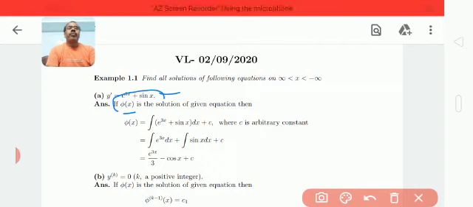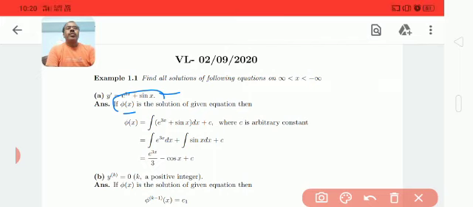So we say that the function phi x will be a solution of this differential equation if this differential equation is satisfied by the function phi of x. So we have the equation as phi dash at x is equal to e to the power 3x plus sine x.